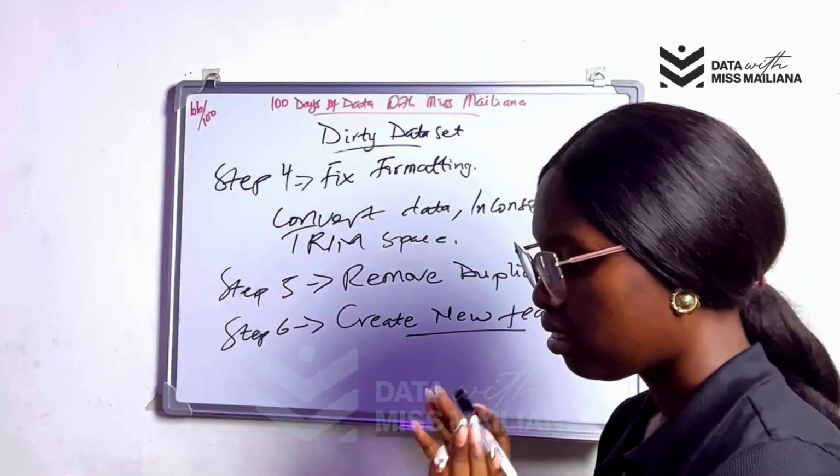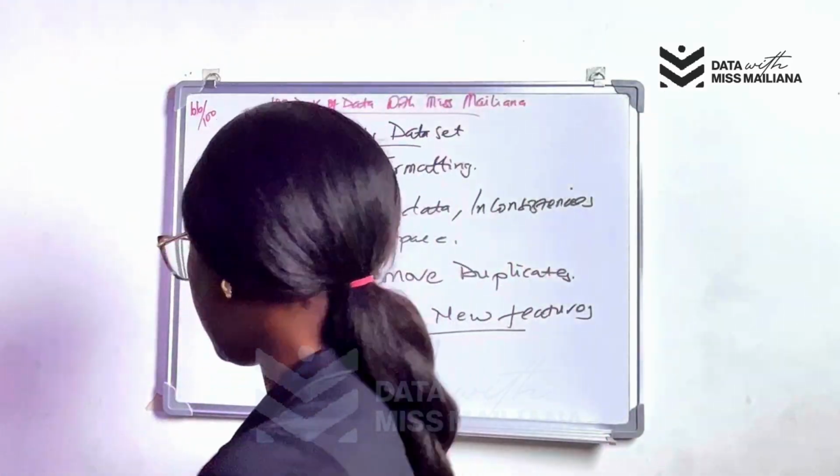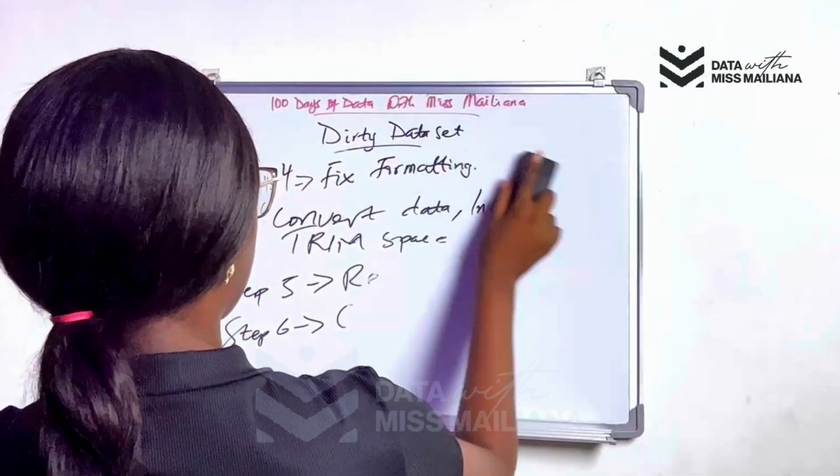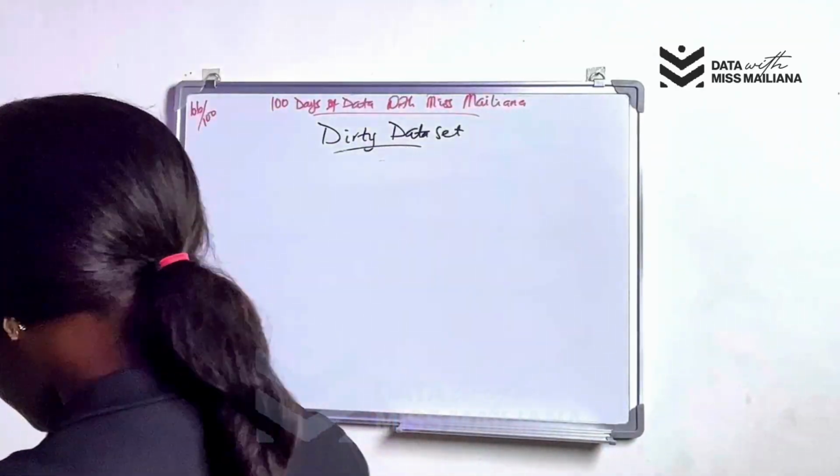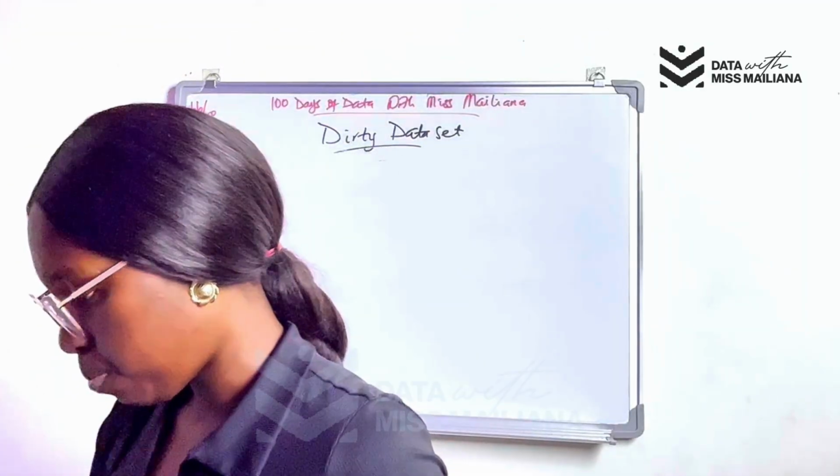So handling messy data means this. I'm going to take 1 to 6 as a summarization, then we call it a wrap here.